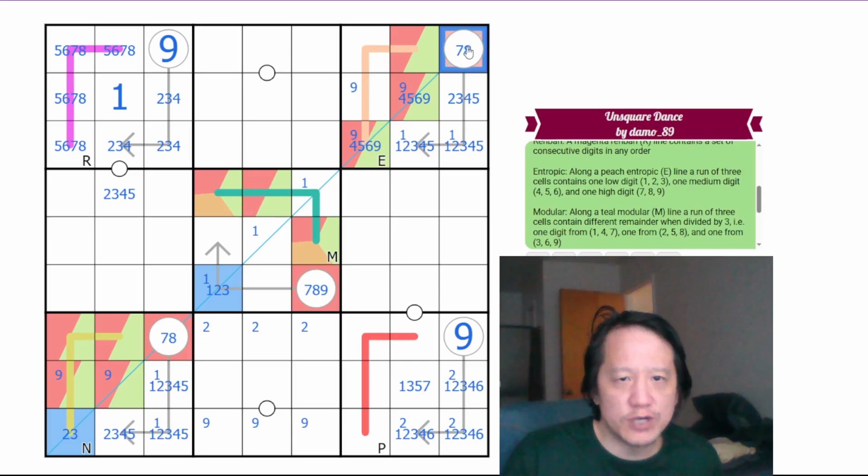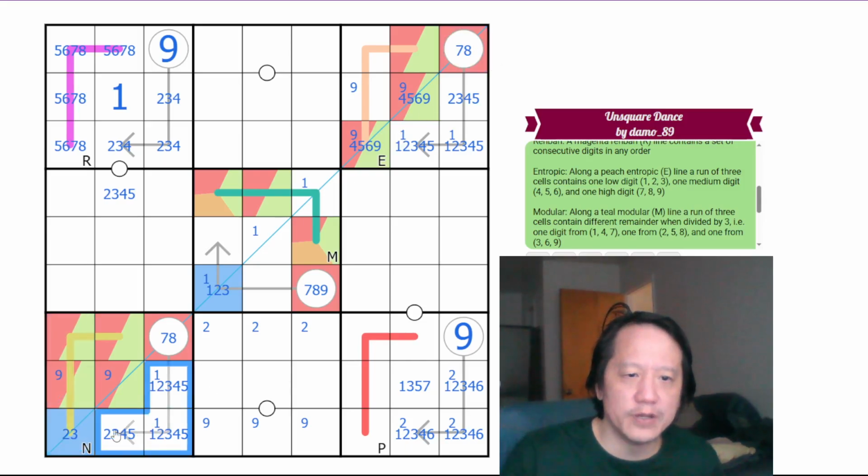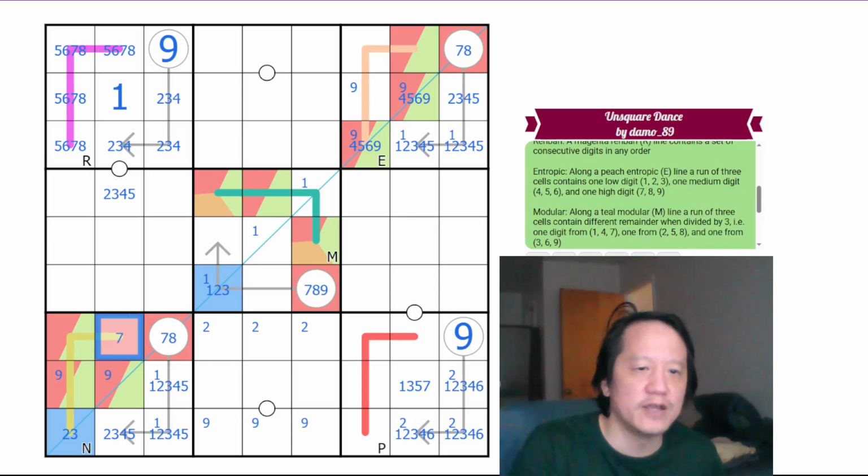Whatever digit is here in box 1 cannot be here. So it would have to be one of these 2 digits here. That means none of these can be that digit. Also, this digit cannot be on the arrow. It cannot be on the diagonal. So that means this must be where that other digit is. So this is 7, 8 as a pair.